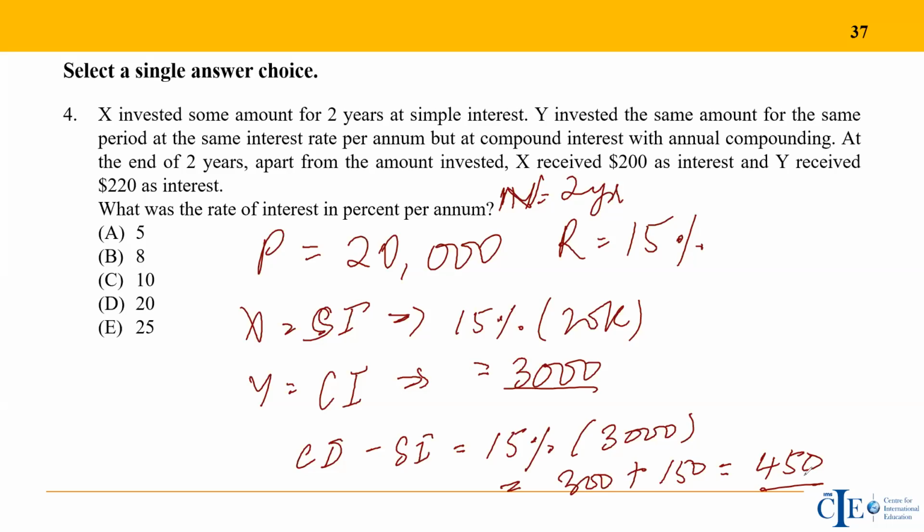Remember that, because semi-annually, it's not R%, it's R by 2 percent. So if it is 10%, then you have to use 5% for your calculation. So 5% of the first interval's interest gives the difference between half yearly and yearly. Because that is one of the questions that is asked commonly.